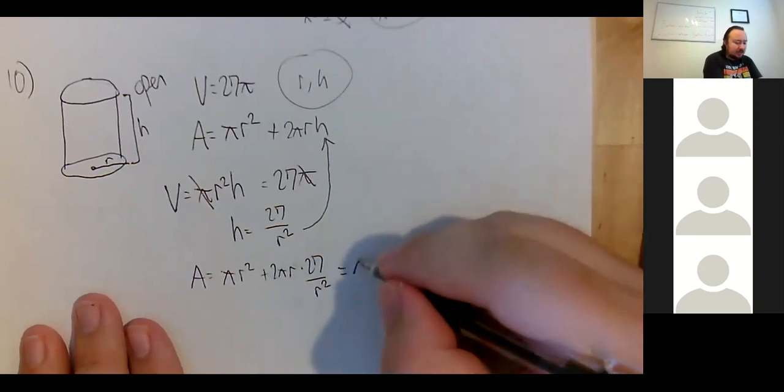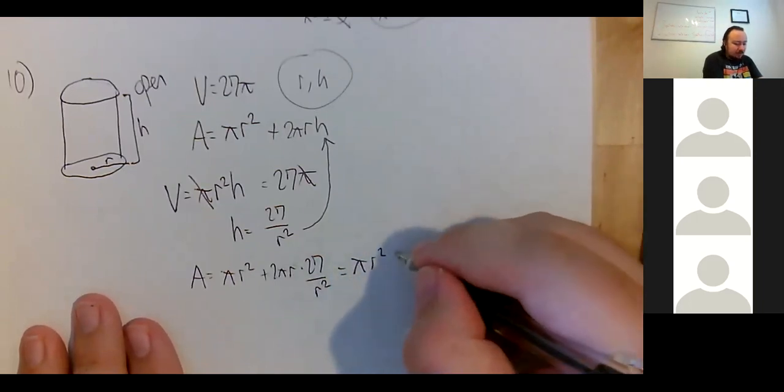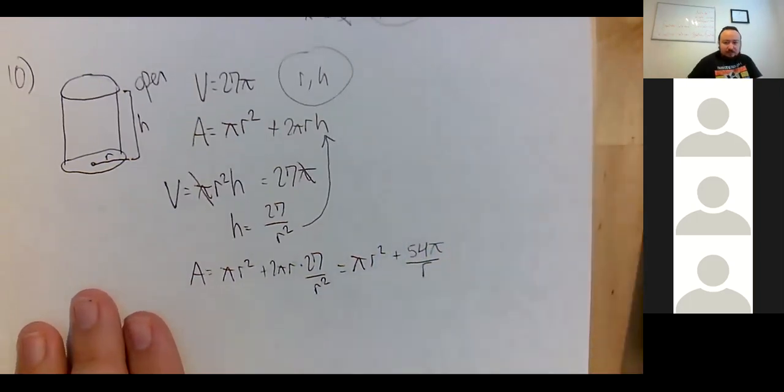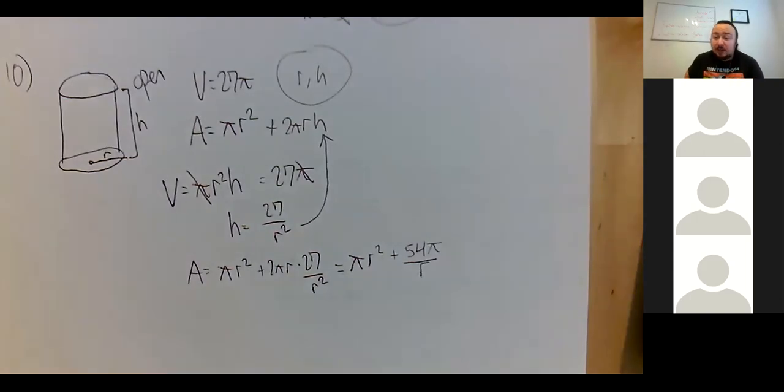So simplifying this a bit, we have pi r squared plus 54 pi over r. Okay, now we have our surface area, or the amount of material we need, in terms of a single variable.